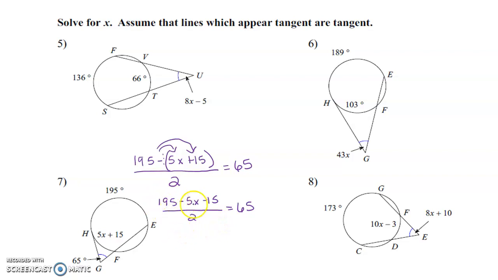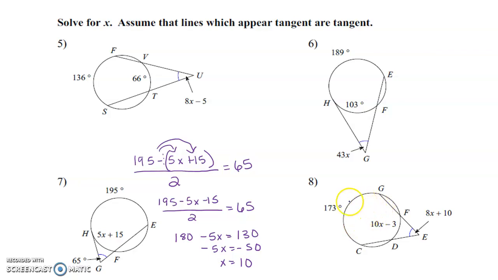In other words, my 195 minus 15, that's going to give me 180 minus 5x equals 130. When I subtract 180 from both sides, I have a -5x equals a -50. A negative divided by a negative will be a positive. 50 divided by 5 is 10. Gives me my value for x.